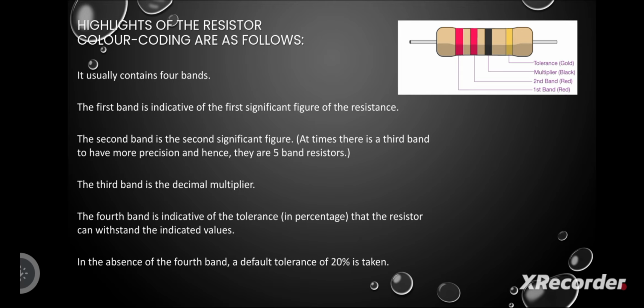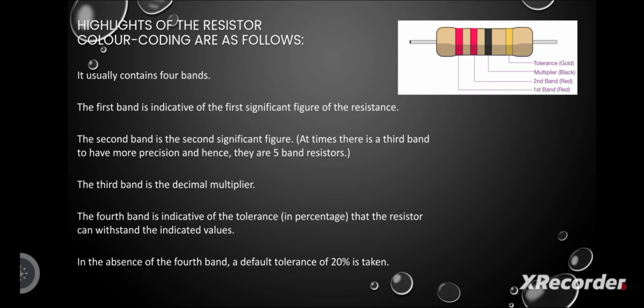Now let's understand the highlights of the resistor color coding. This is the same image, but it has different color codes: red, black, and this is your gold. It usually contains 4 bands.